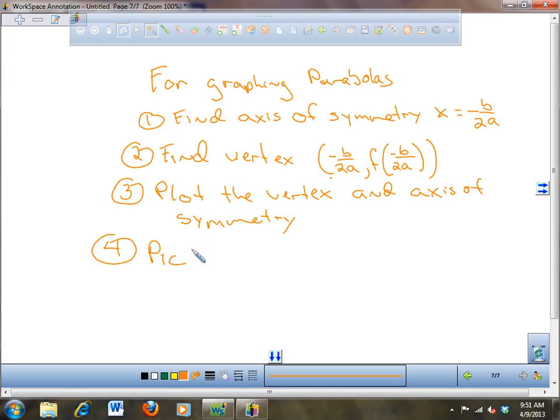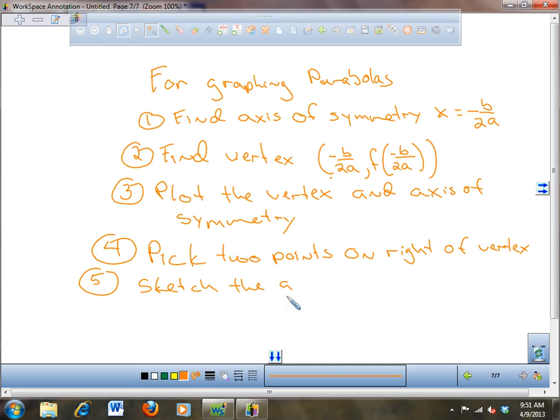Pick 2 points on right or left of vertex. And then 5, I would say, sketch the graph. And I would also include in there, use symmetry.